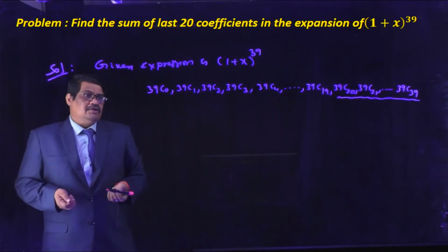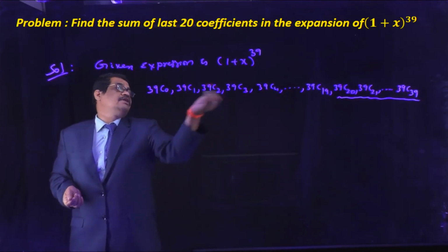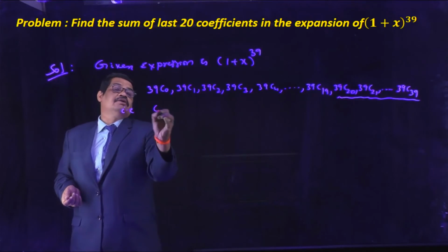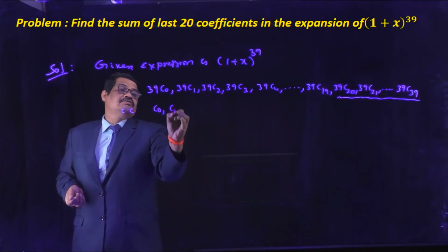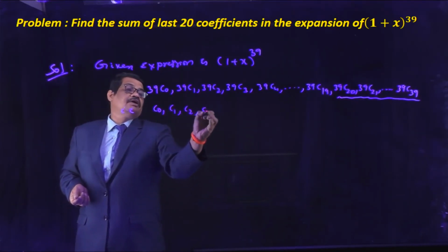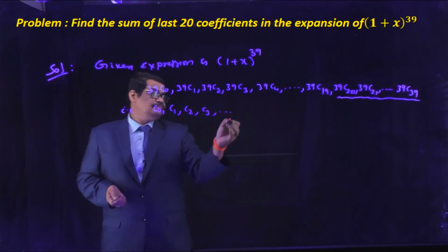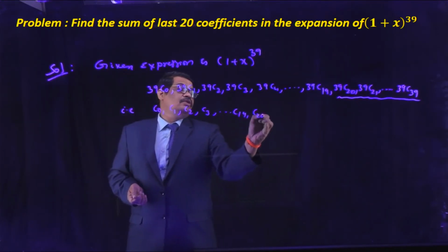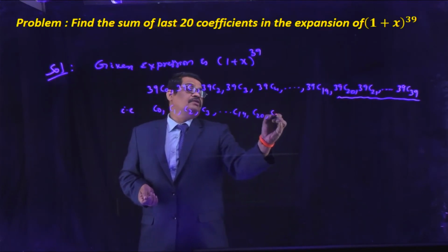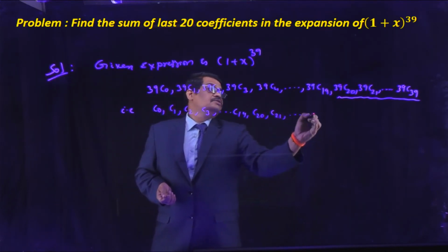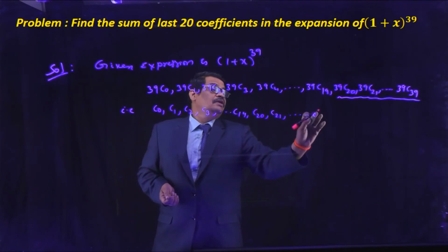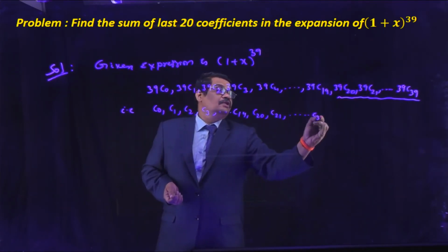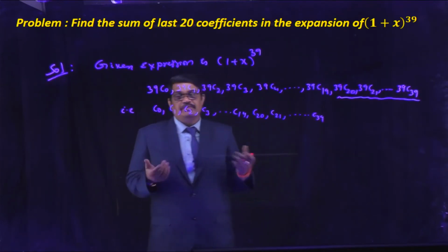These are the binomial coefficients, and I have simply denoted them C0, C1, C2, C3 and so on, C19, C20, C21 and so on, up to C39.